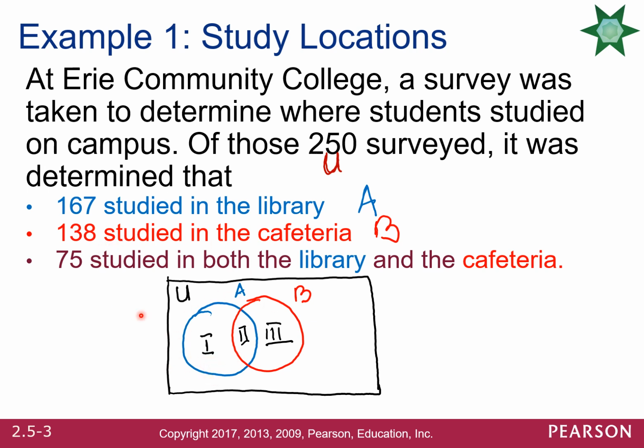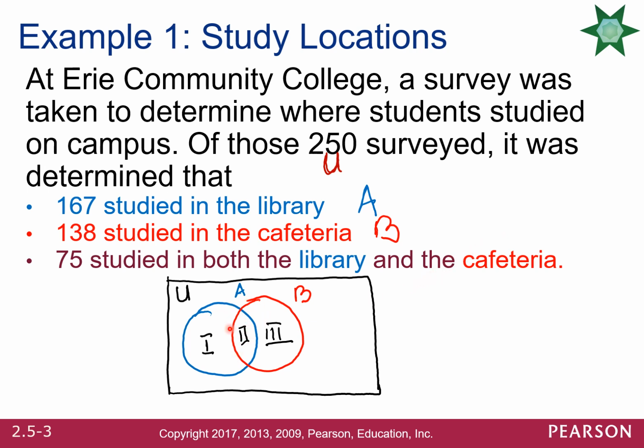And 138 studied in the cafeteria, so this entire red circle, including the overlapping section, will consist of 138 students. And this middle area, which is the intersection of set A and set B, will consist of students who study both in the library as well as the cafeteria. That would be region 2.